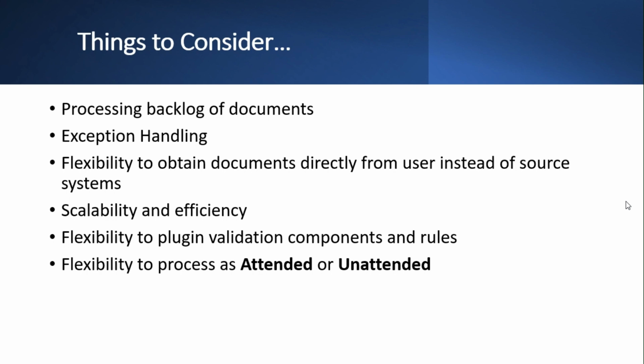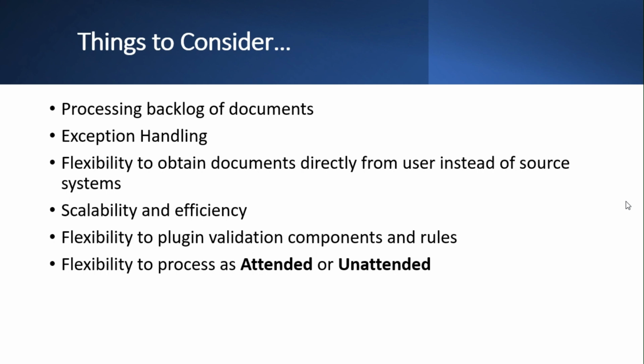And the next one, exception handling. Usually what happens is, when you try to process documents, let's assume for some reason a specific set of documents did not get processed due to some error. How can you retry that?